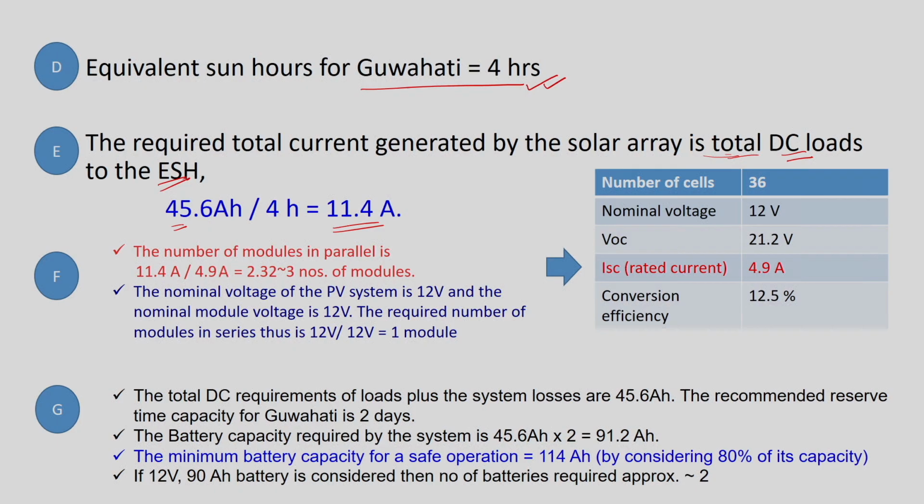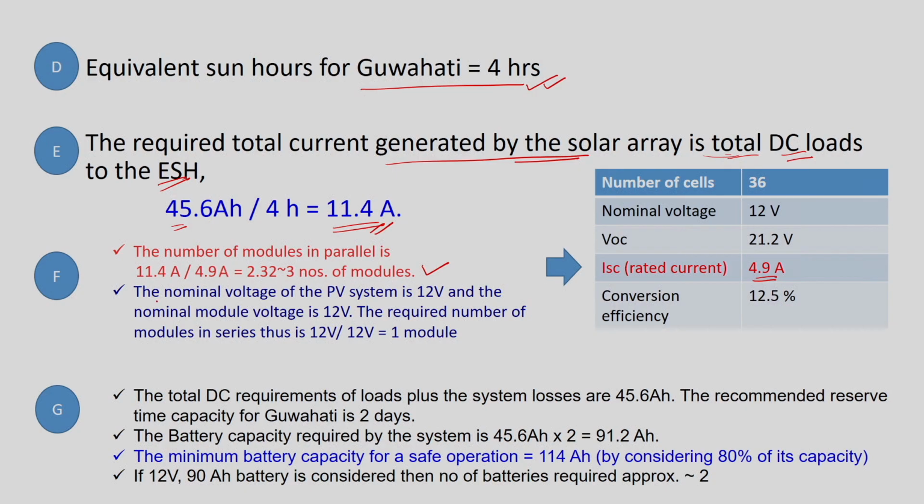Now we want to know the number of modules to be connected in parallel. If we consider a module having an ISC value, or rated current, of 4.9 ampere, we divide the current generated by the DC solar array by it. So 11.4 divided by 4.9 is 2.32, which is equivalent to 3 modules connected in parallel.